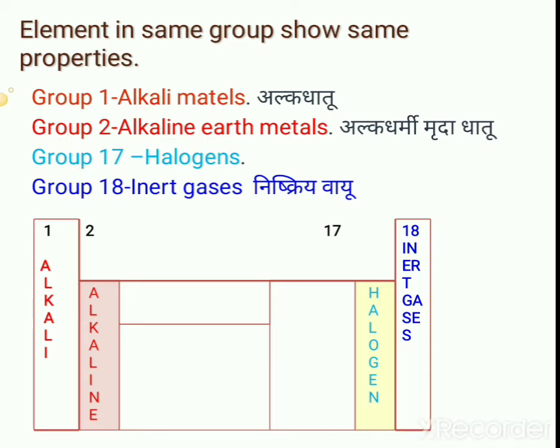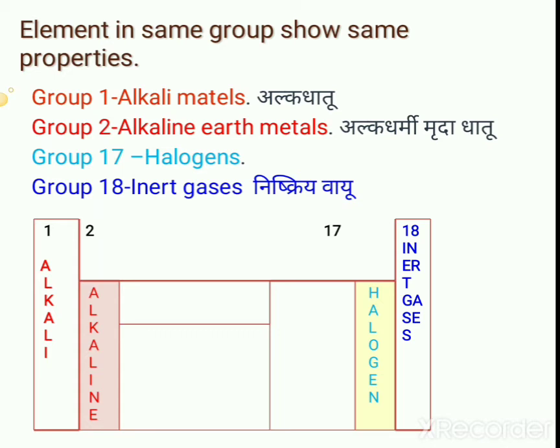Here there is a sketch of the modern periodic table, in which these different groups are shown. You may get a question like this in the exam: make a sketch of the modern periodic table and represent group number 1, 2, 17 and 18.